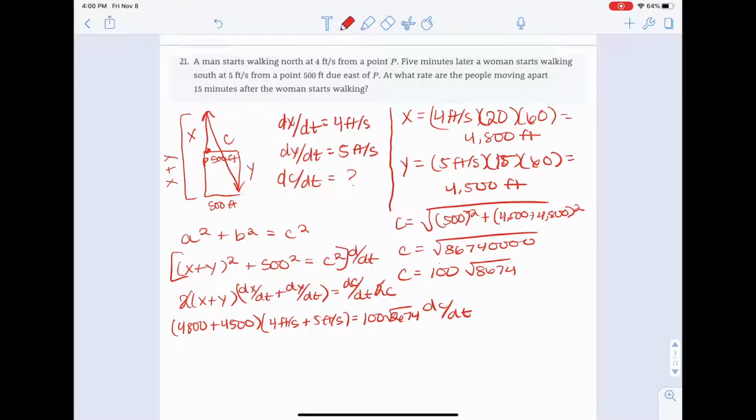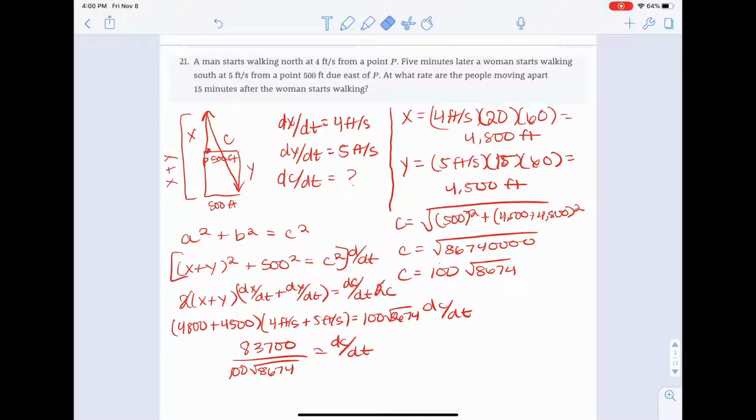Okay, so this by each other, that's going to be 8,300, and then divide the c value over, so divide by 100 square roots of 8,674 is going to be equal to this value. And now we can go ahead and find a common factor of 100.